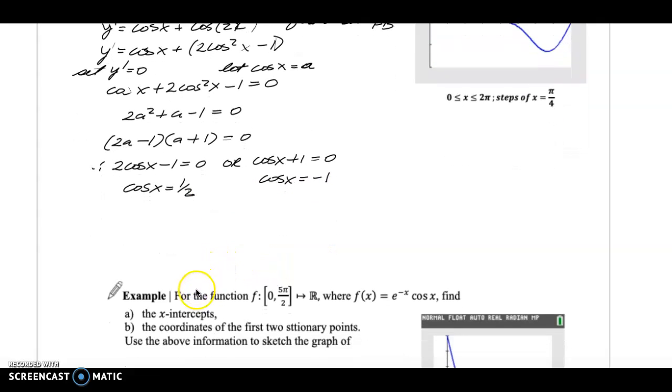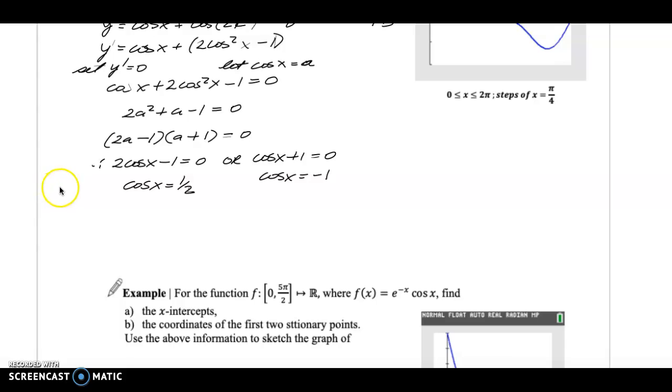Well, now we just need to consider what on the unit circle. So you need to remember, recall unit circle.